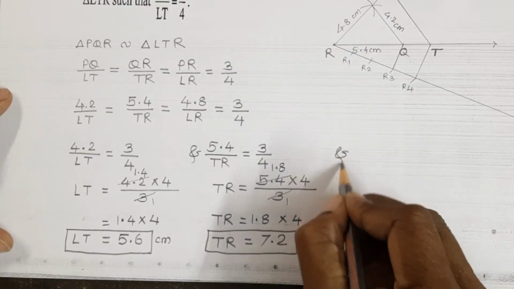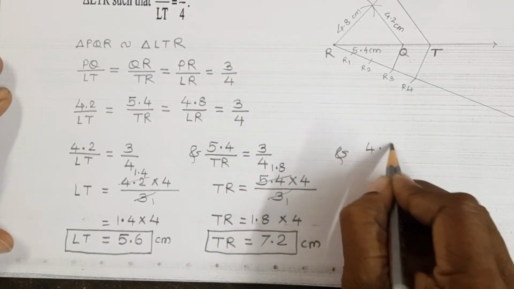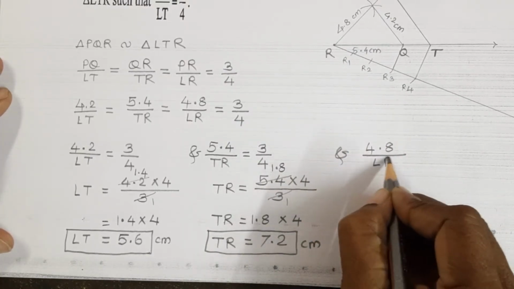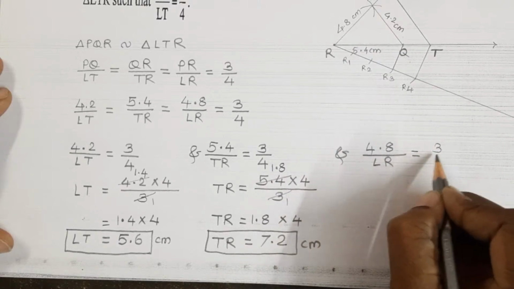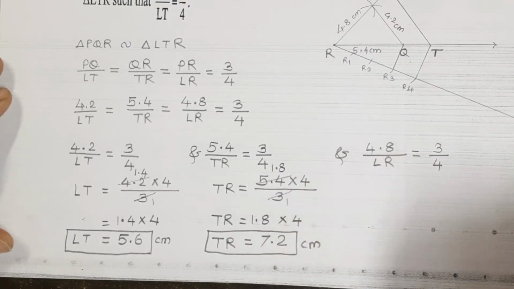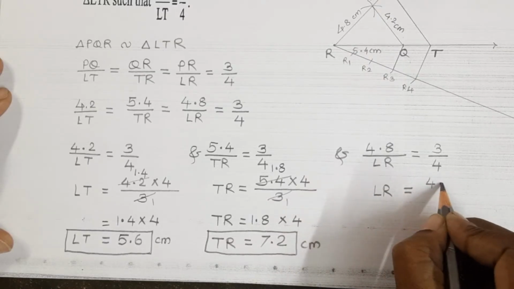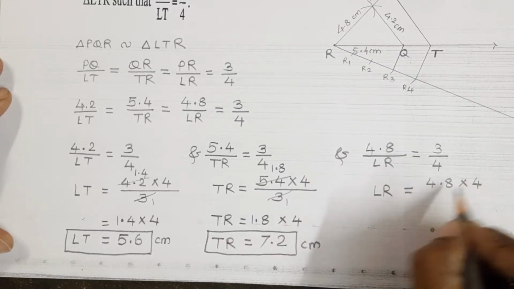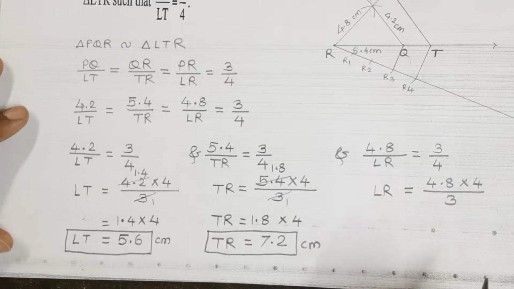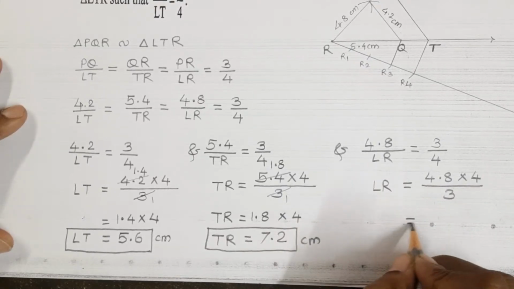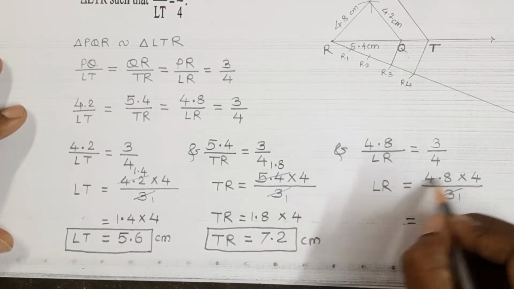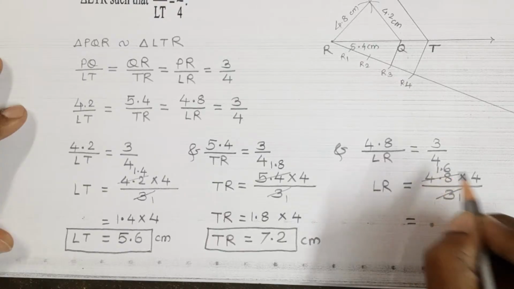Then students, the last ratio, 4.8 upon LR is equal to 3 upon 4. Then by cross multiplication, LR is equal to 4.8 multiplied by 4 divided by 3. Then 3 ones are 3, 3 sixes are 18.